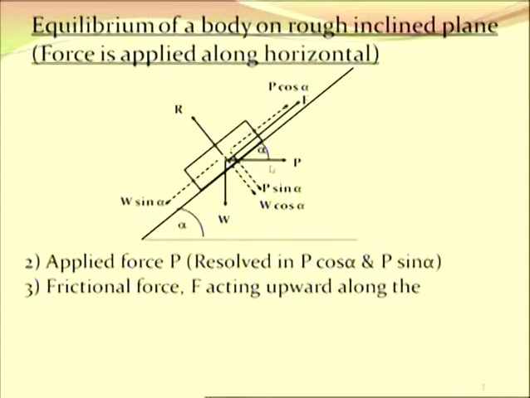As the block is moving downward, frictional force F is acting upwards along the inclination of the plane. And the normal reaction from the surface, perpendicular to the incline, is reaction R.